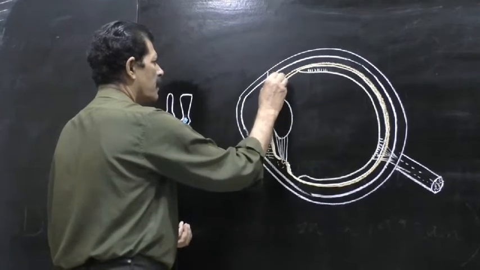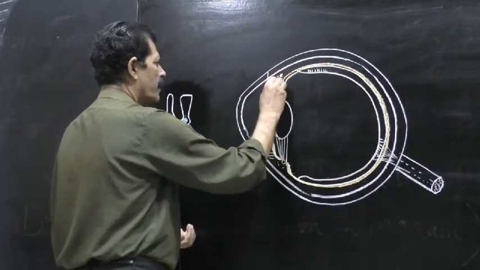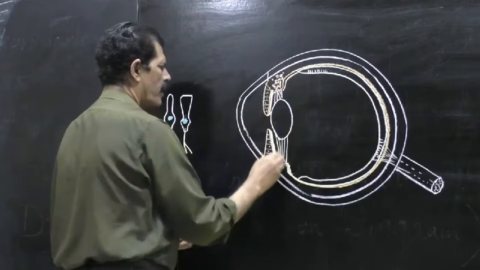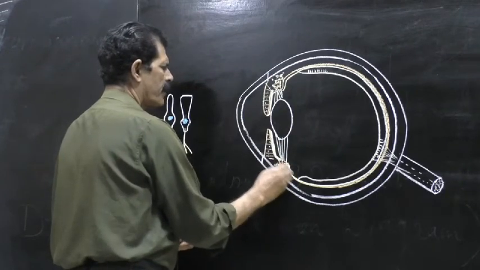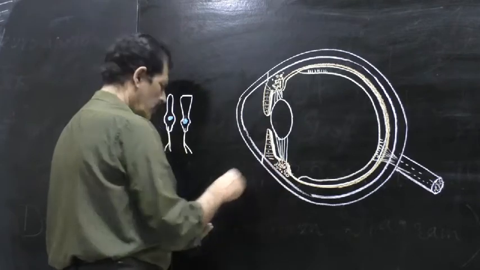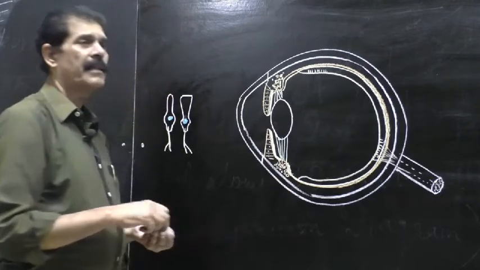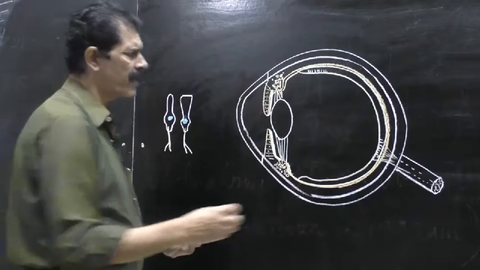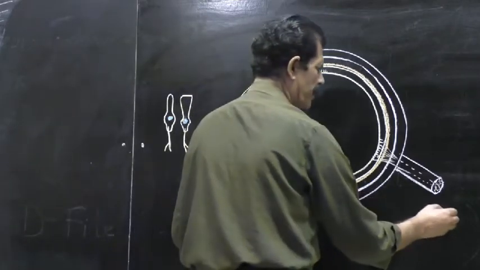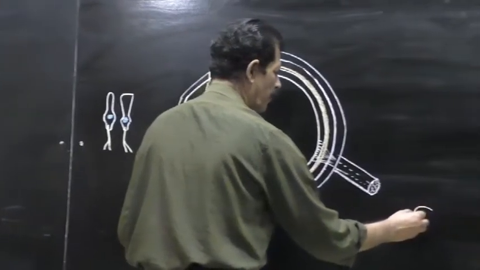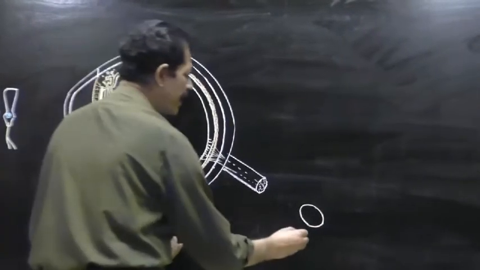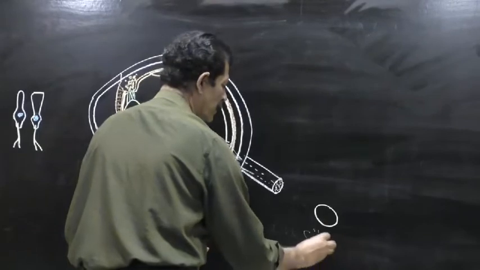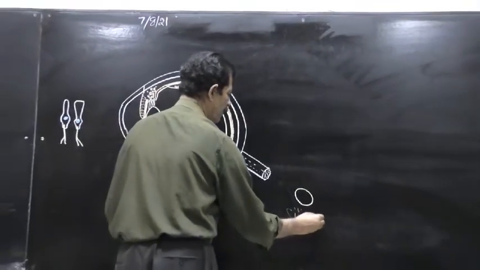The ciliaris muscle is also present in the ciliary body, which changes the thickness of the lens. So both require the sympathetic as well as the parasympathetic fibers. And these sympathetic and parasympathetic fibers come from a ganglion which is called the ciliary ganglion.